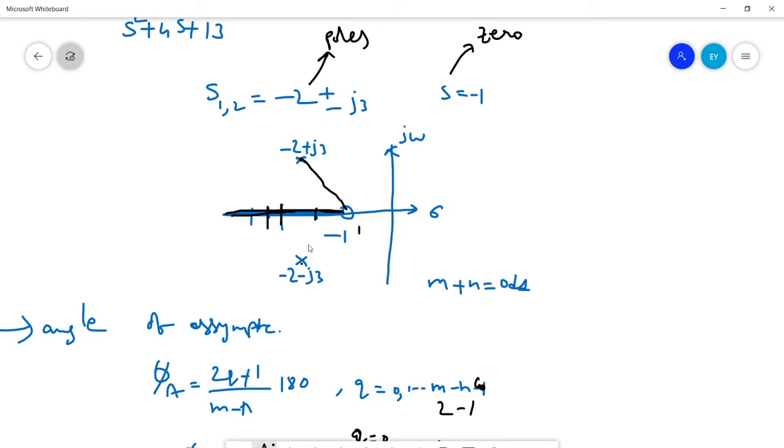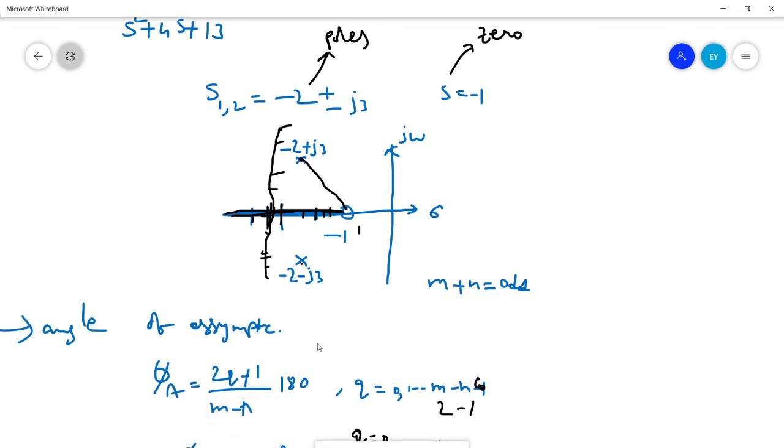In this plot we have one zero, and if you stand anywhere on the real axis and look to your right, there will be an odd number. Since the complex conjugate poles are even, no need to consider them, because adding even to odd gives odd itself. Hope you got this point.